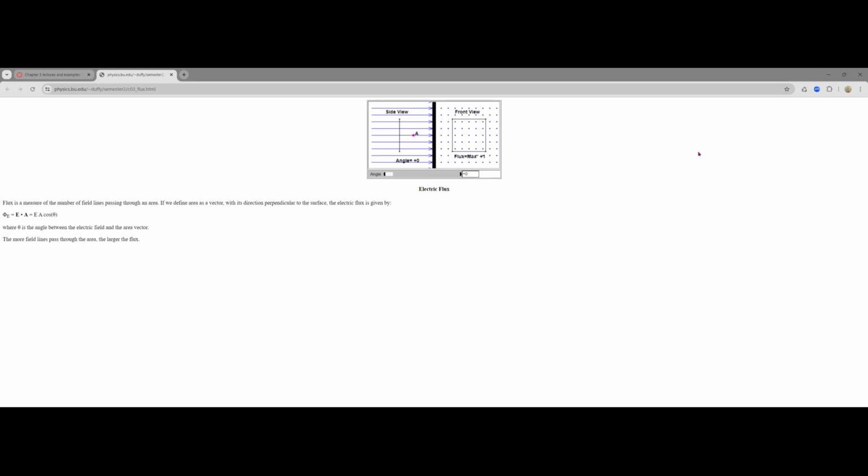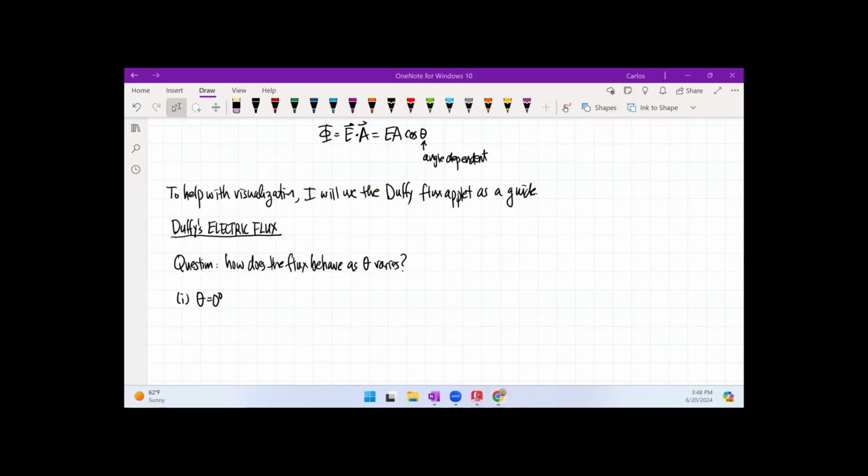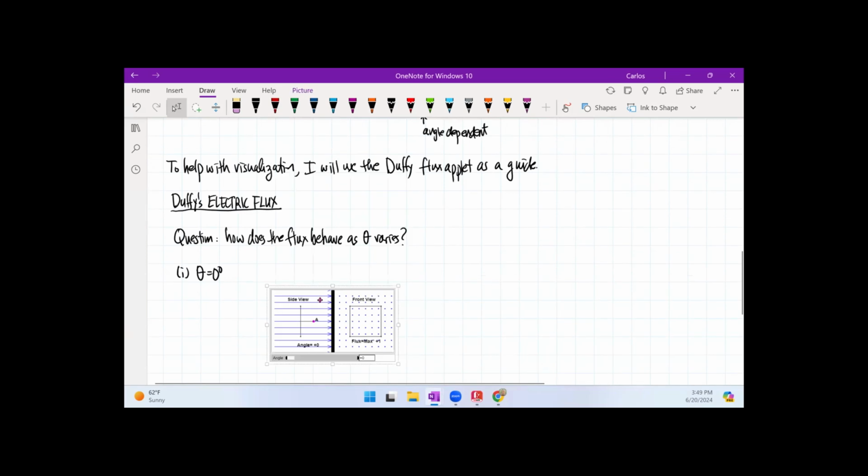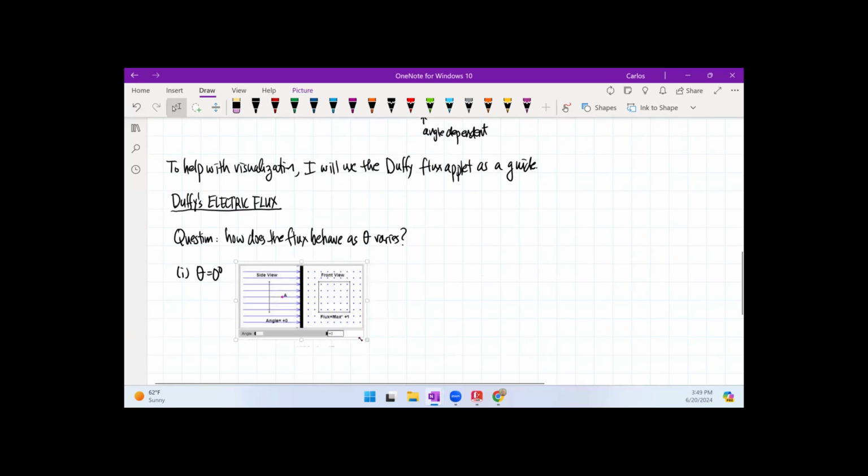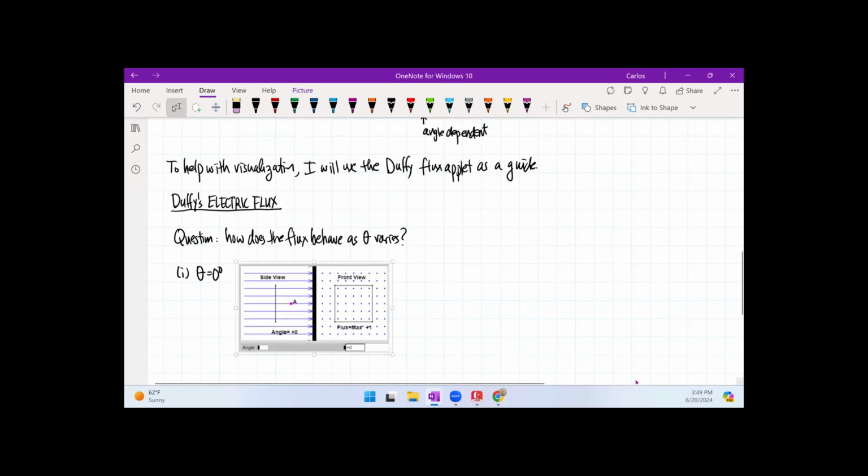So I just took an image of this thing. Let's go back to what we were just looking at. We're looking at theta equal to 0, and then here is the image that I just got. So what do I see about this image here?